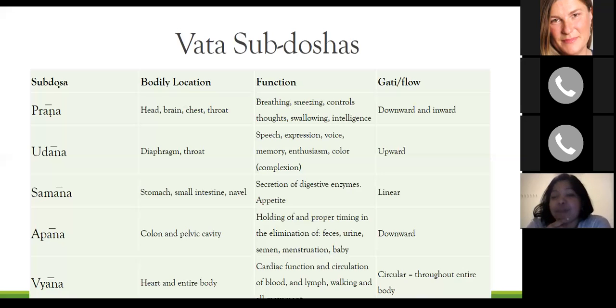So just by being able to regulate the flow of the prana vata, you are also able to regulate the emotions attributed to the prana vata. Does that make sense? Okay.